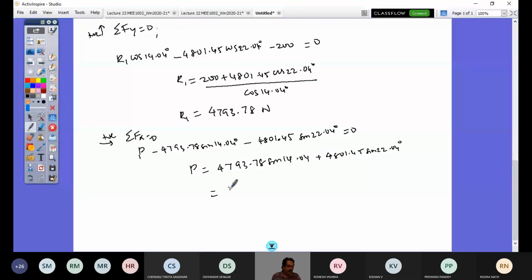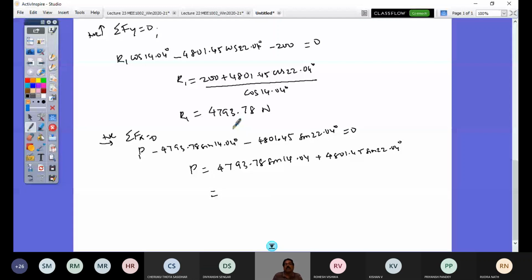Working this out, 4793.78 into sine 14.04 plus 4801.45 into sine 22.04, I get 2964.73 Newton.